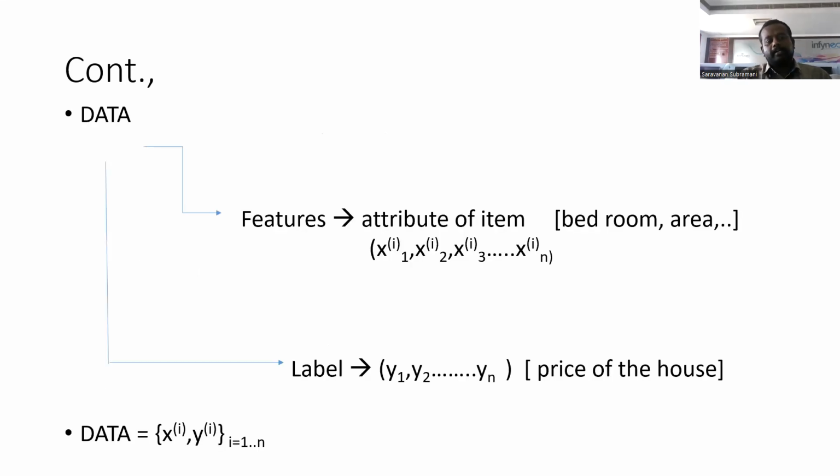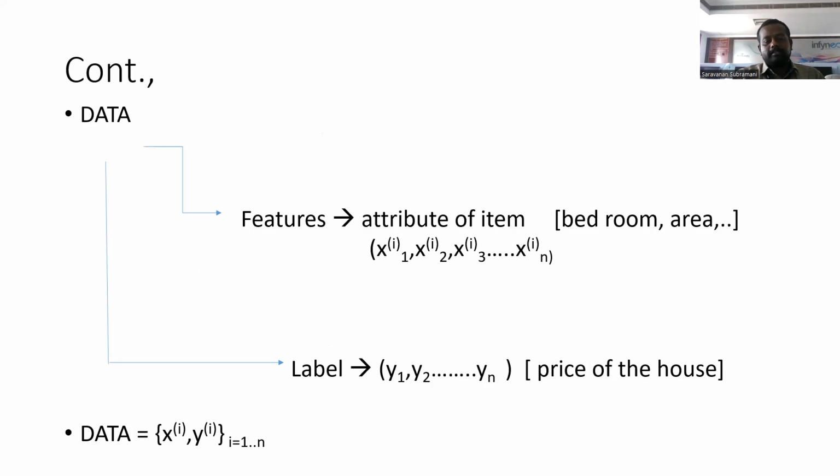Generally, the data has two things internally. One is the features and another is the label. The features are attributes of the items, like bedrooms, areas, etc., and these are identified with variables like x, that is x1, x2, x3, up to xn.